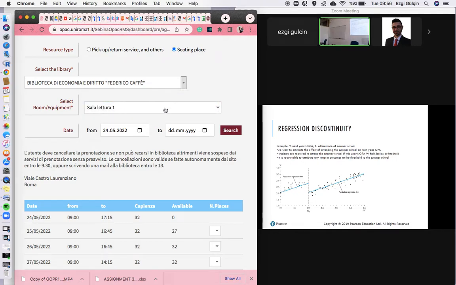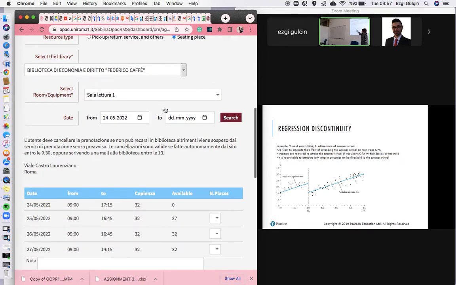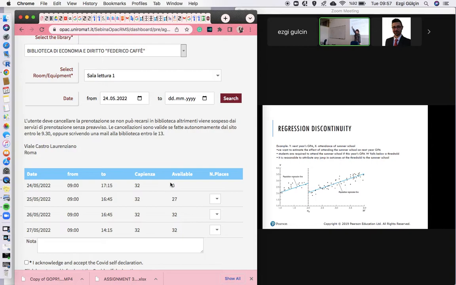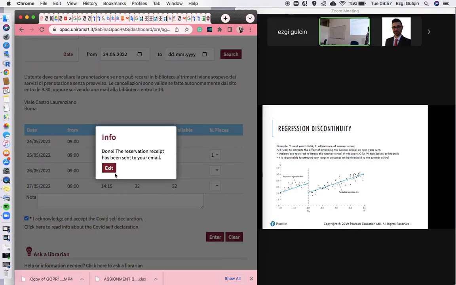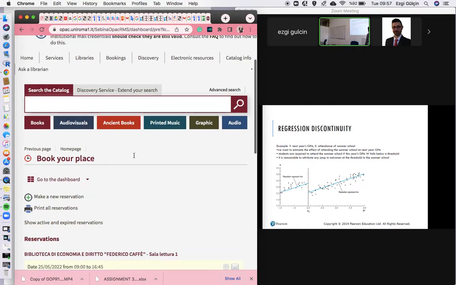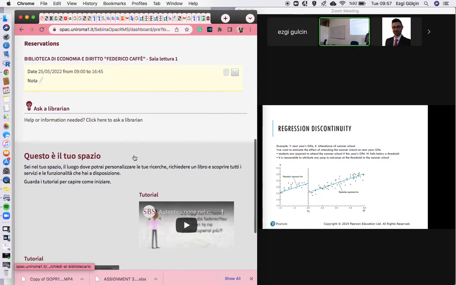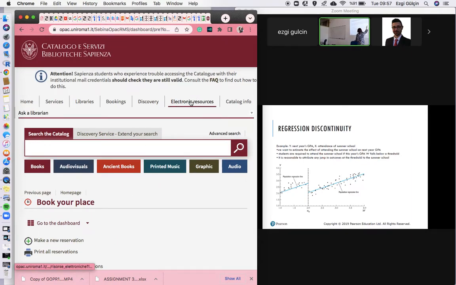So this is W, this is our Y, the outcome variable. This is next year's GPA, this is this year's GPA. Then in this case, we assign the treatment: students are required to attend the summer school if this year's GPA falls below a threshold.